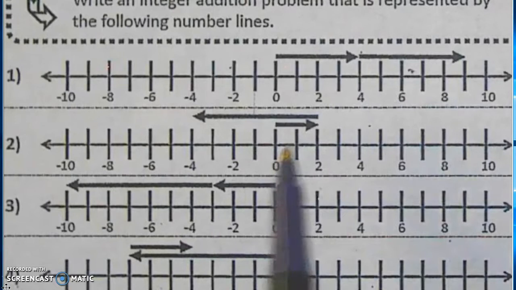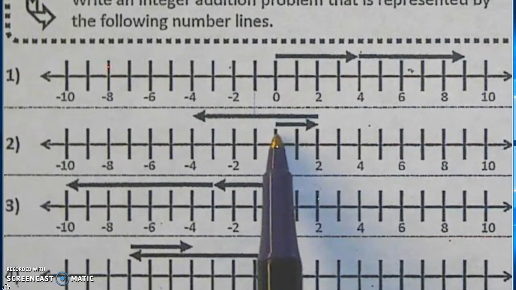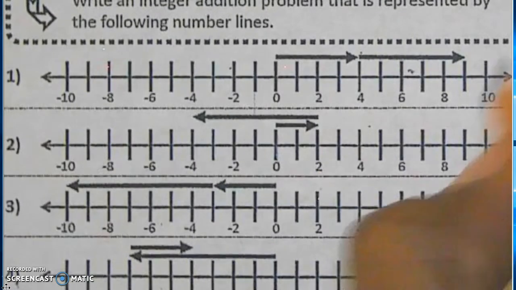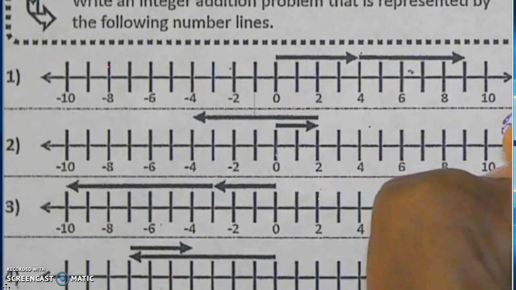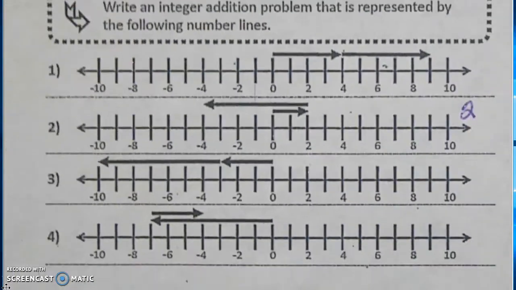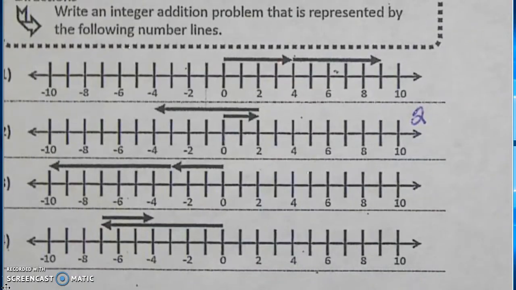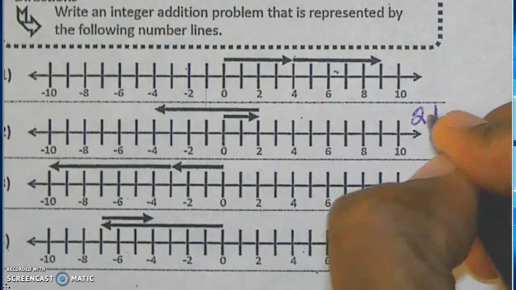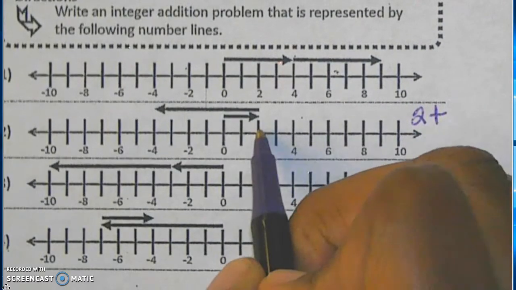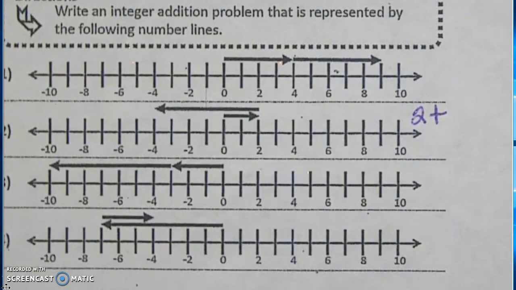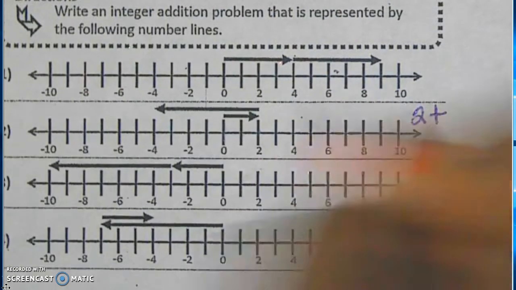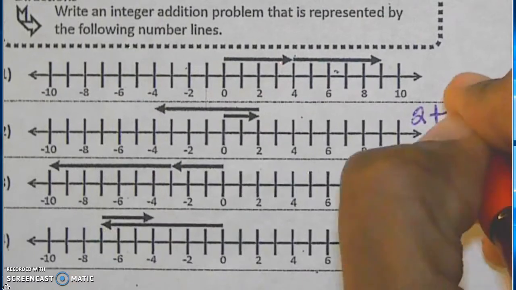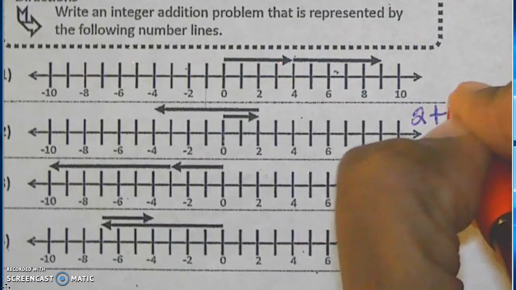So on number 2, if I started at 0, I see the first place they went was to a +2. So I'm going to write +2. From the +2, these are addition problems, so I'm going to write an addition sign. From the +2, how many moves or jumps did they go? Well, I see they went in the negative direction, so the next number I'm going to add is a negative number.